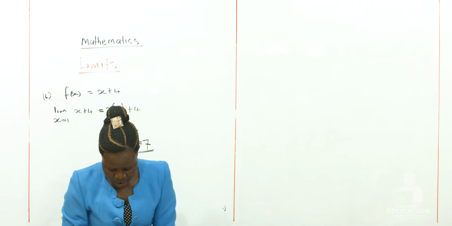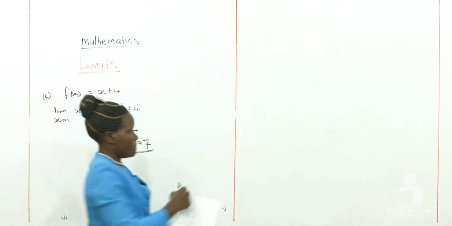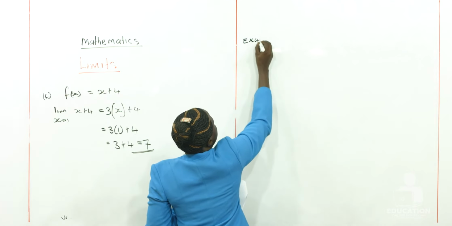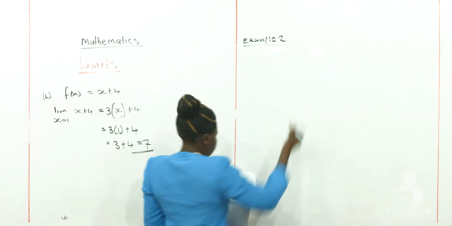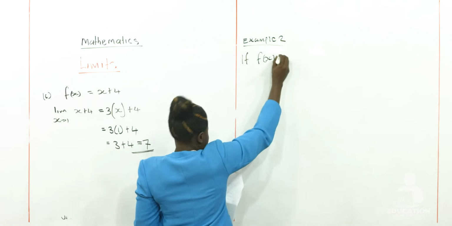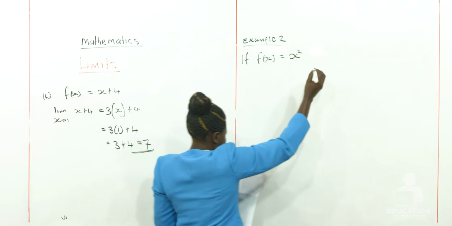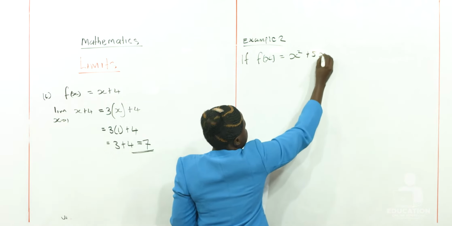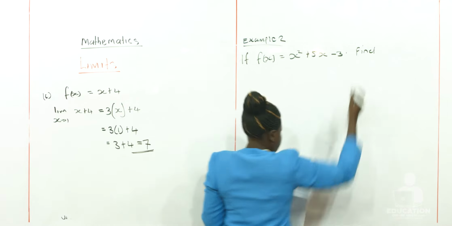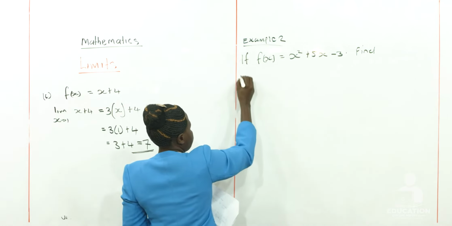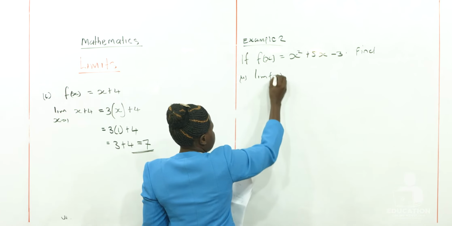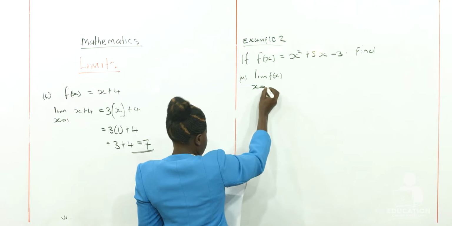So let us look at example 2. Example 2 says if f(x) equals x squared plus 5x minus 3, find a limit of function x when x is approaching negative 2.